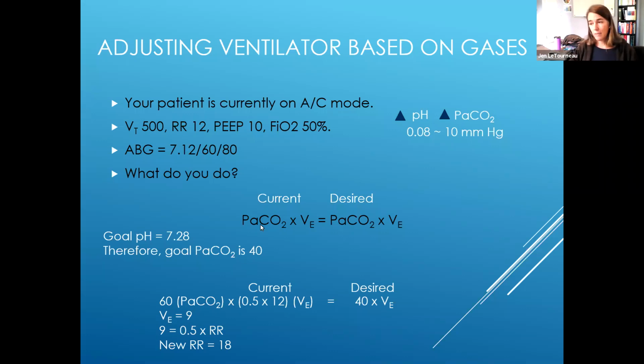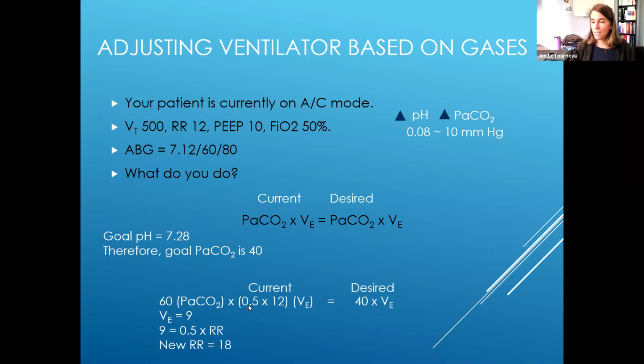So we'll plug in these numbers. 60 times the minute ventilation, which is in liters: 500 mils is 0.5 liters, times 12. So 0.5 liters times 12 gives you your minute ventilation of 6.